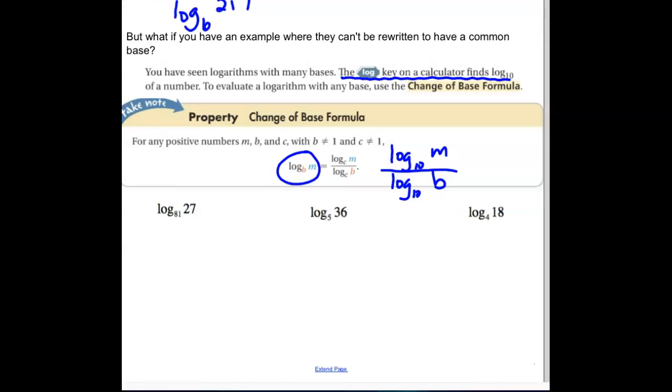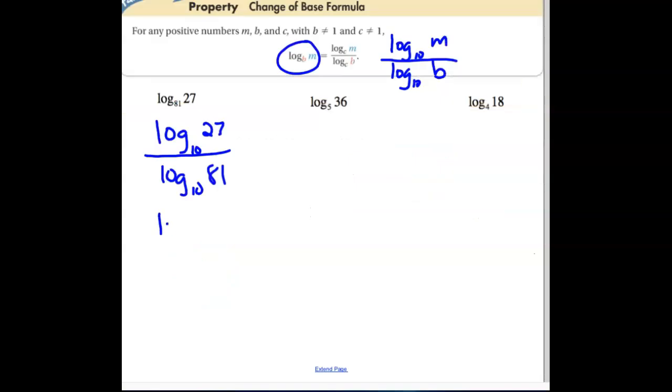You have some options, but base 10 is going to be our easiest one since our calculators always have a log key on them. So log base 81 of 27, we can think of that as log base 10 of 27 divided by log base 10 of 81. You don't even have to put the base 10 in there because if we write log, that implies base 10.